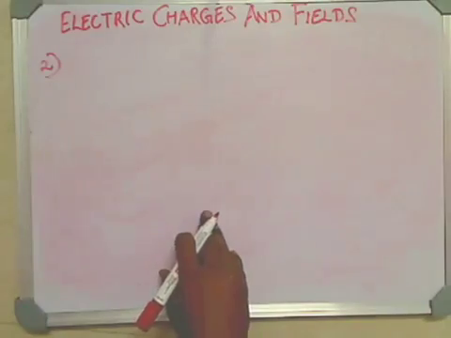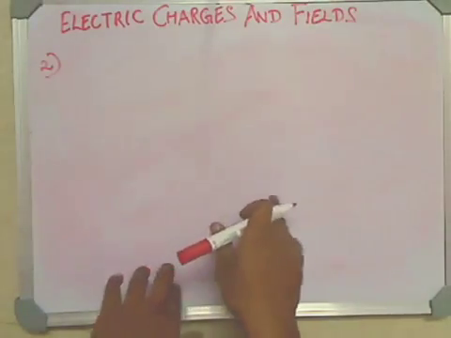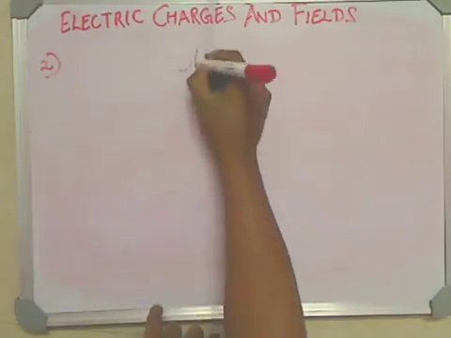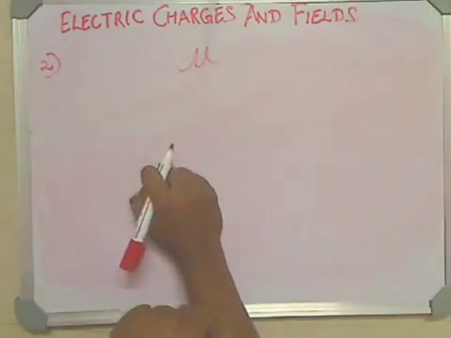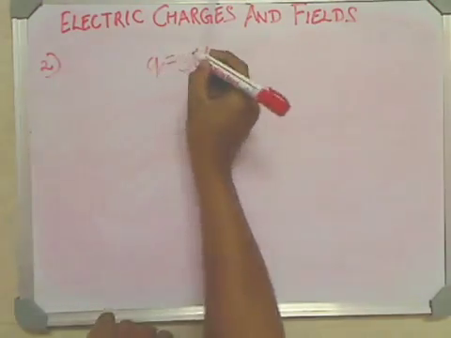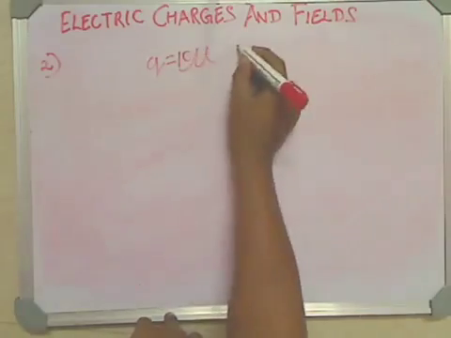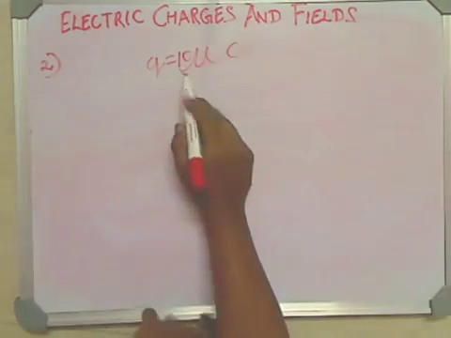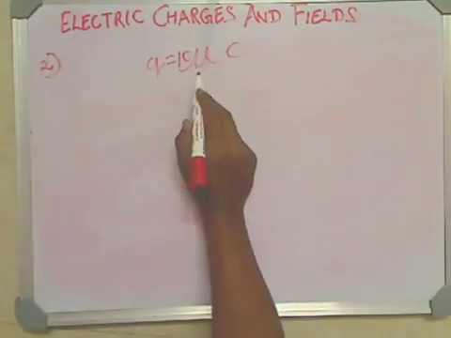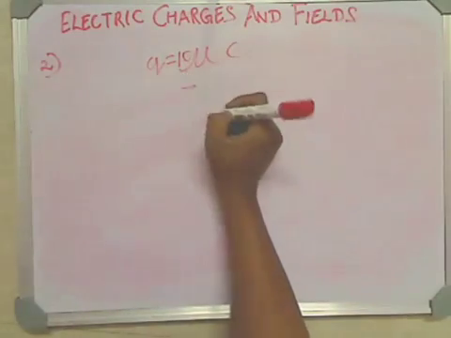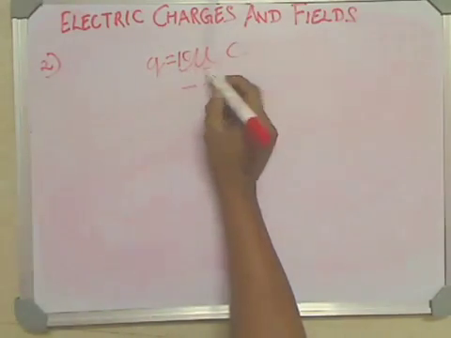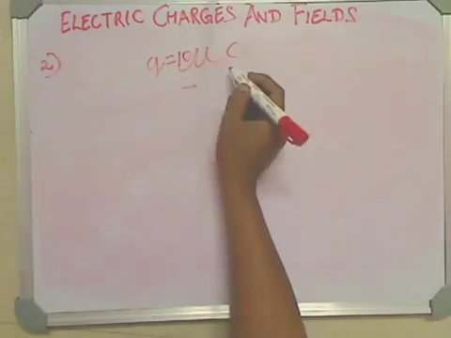I'm sorry, this is not millicoulomb, it is in fact micro. Micro is this. So the value of Q is 10 microcoulomb. Also remember, in some of the problems they would have given you the value of the charge as negative, say negative 10 microcoulomb, or positive.